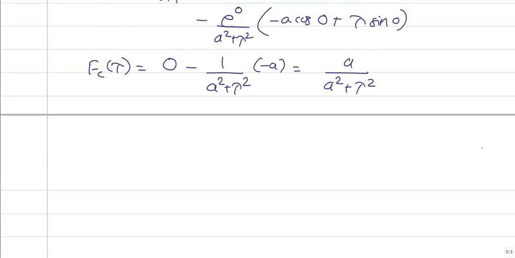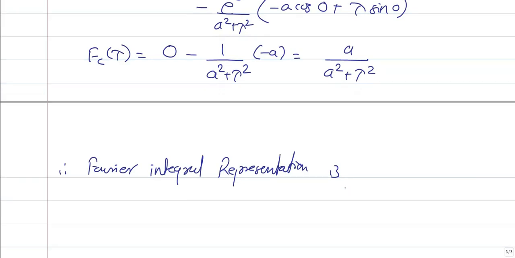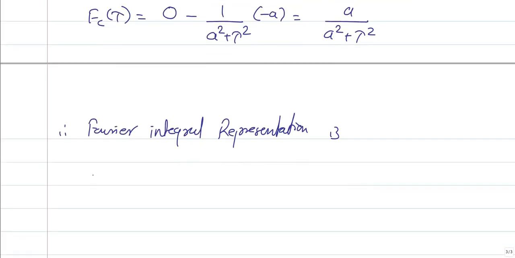All right, so now we have Fc lambda and therefore the Fourier integral representation is, that is, we have to put this Fc lambda in this formula. f of x is equal to, as we have used the Fourier cosine transform, so to find f of x again, we have to use the inverse Fourier cosine transform.